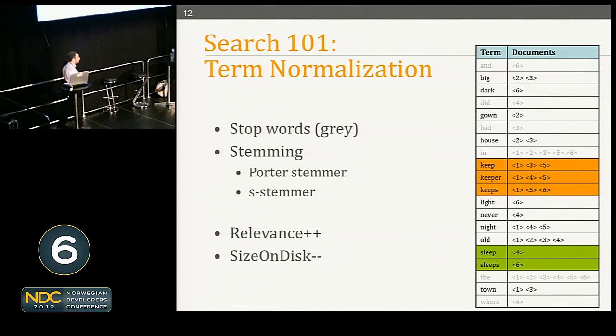We don't just ignore them. Similar words, like, for example, slip and slips here, in green, words like that, we are going to merge. We are going to have 1 entry for them. Same thing like keep and keeper or keeps and stuff like that.